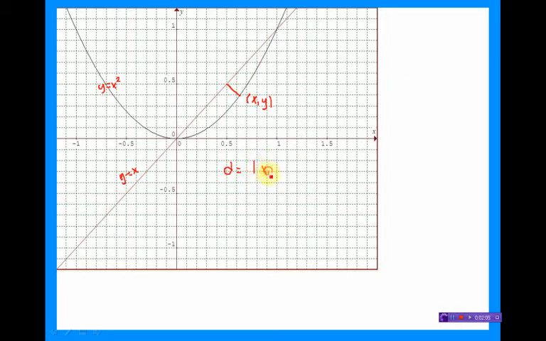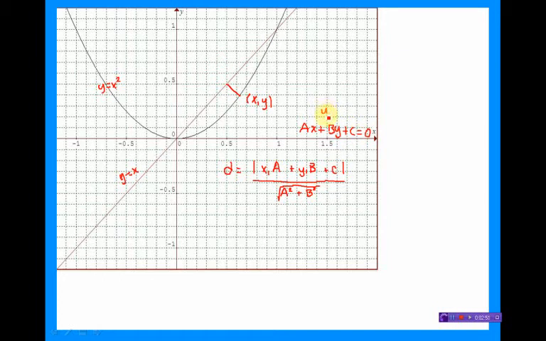It's basically the absolute value of x1 a plus y1 b plus c, all over the square root of a squared plus b squared, where the standard line that we have is ax plus by plus c equals 0.